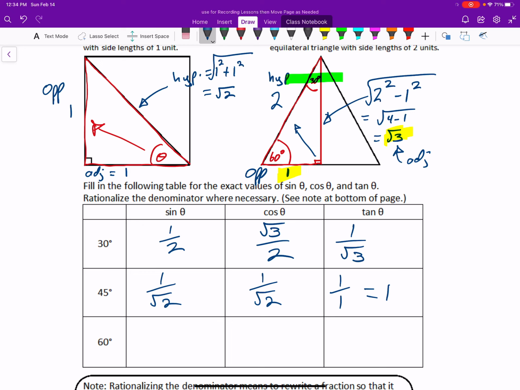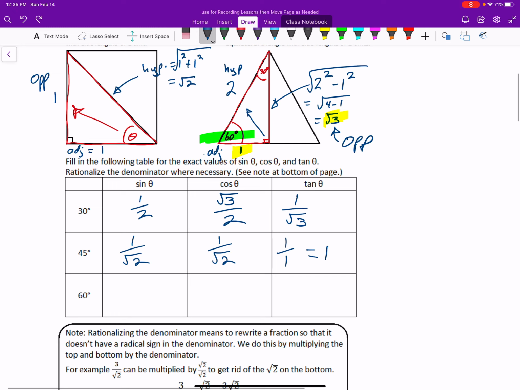Now, if I was to switch my focus, and instead of coming from the 30-degree angle, I was to come from the 60-degree angle, then I'd have to relabel those two sides. I'd have to call this my adjacent side now, and this one would be my opposite because it's opposite from the angle that I'm focused on.